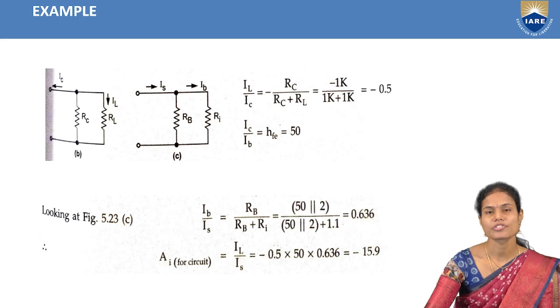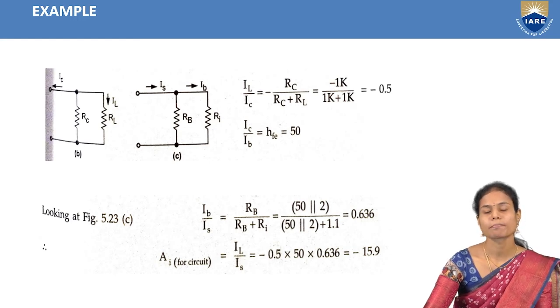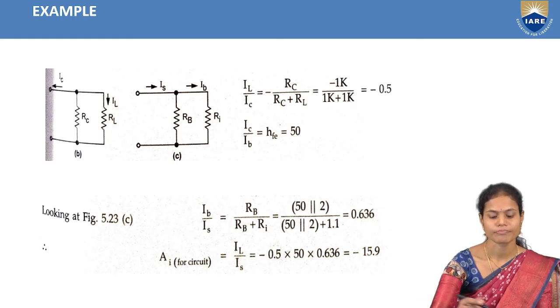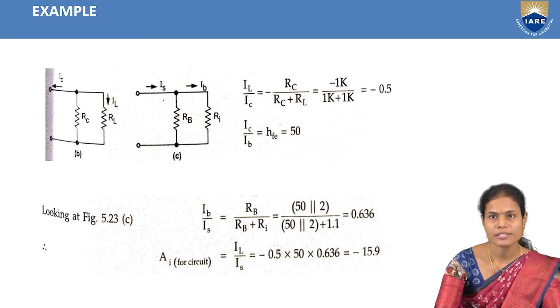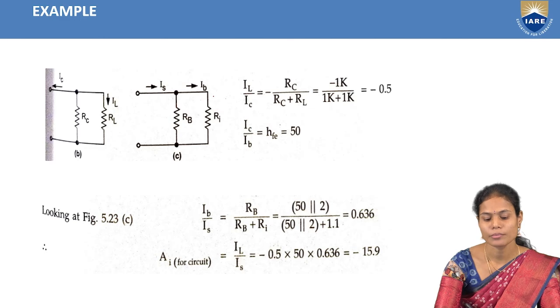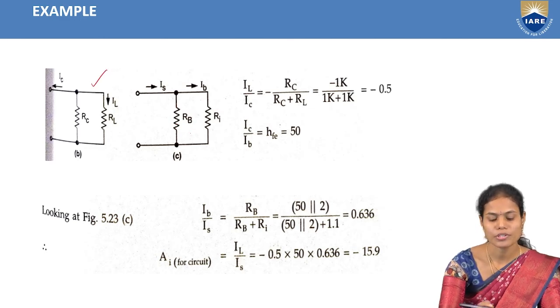For that, I am considering only the resistance part in the output circuit, that is RC parallel with RL. Similarly, I am also considering the input resistances from the input circuit. From the output circuit, we can write IL by IC equal to RC divided by the total resistance RC plus RL, that is minus 0.5.